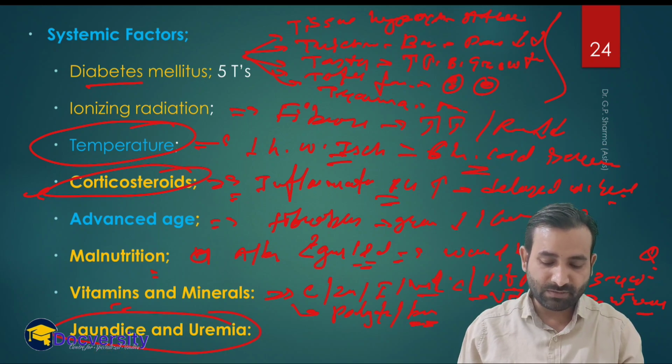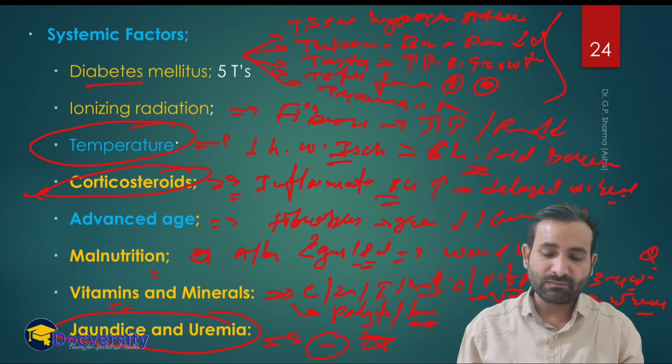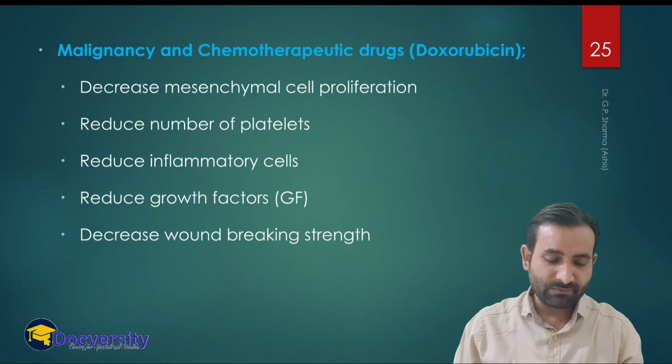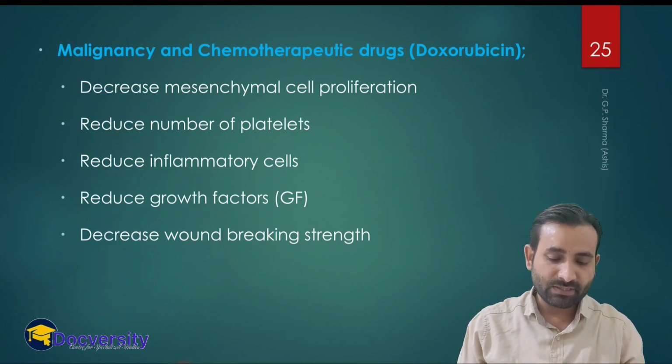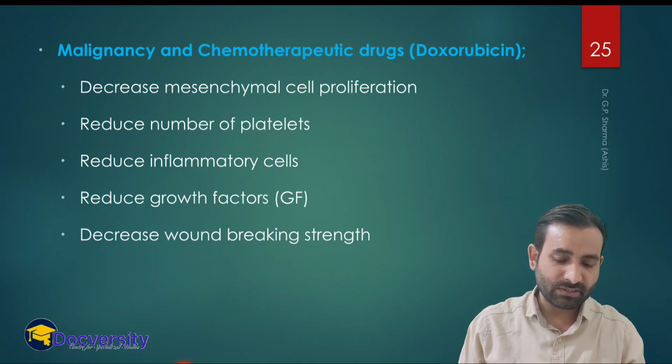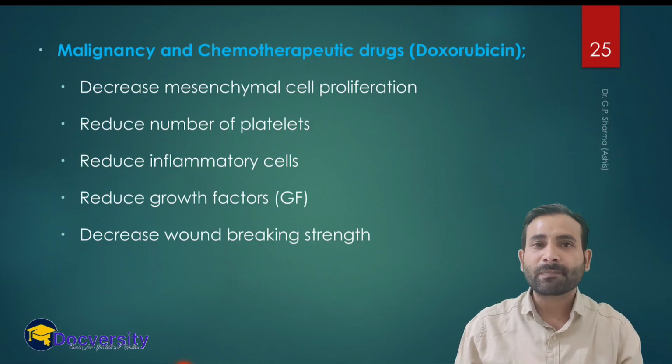If there is jaundice or uremia, then there will be inhibition of fibroblast growth, so that wound contraction does not occur. And you have malignancy or chemotherapeutic drugs like doxorubicin. They decrease the mesenchymal cell proliferation. Similarly, they decrease the number of platelets, they decrease the inflammatory cells, they decrease the growth factors, they decrease the wound breaking strength. That's why the wound healing will be delayed.